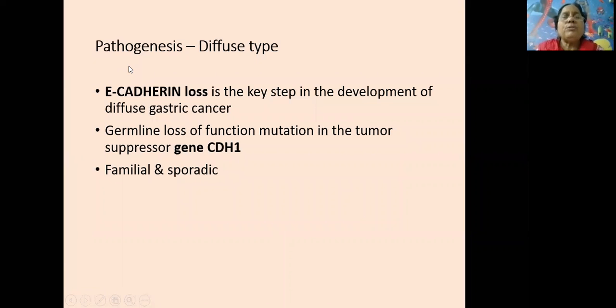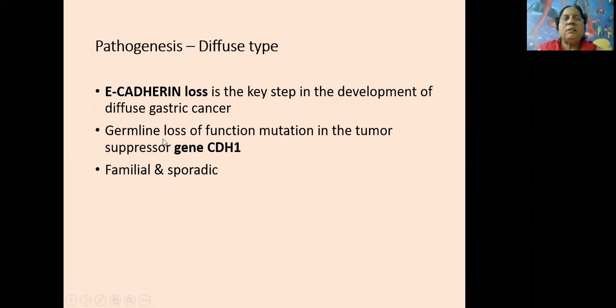So the pathogenesis for both is different. For the diffuse type, it is E-cadherin loss. Remember, E-cadherin loss is the key step for developing diffuse gastric cancer. So how does this get lost?